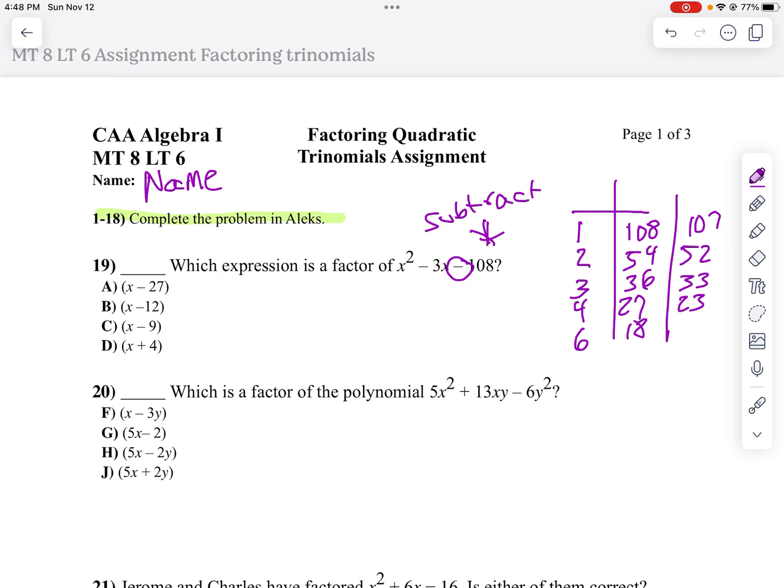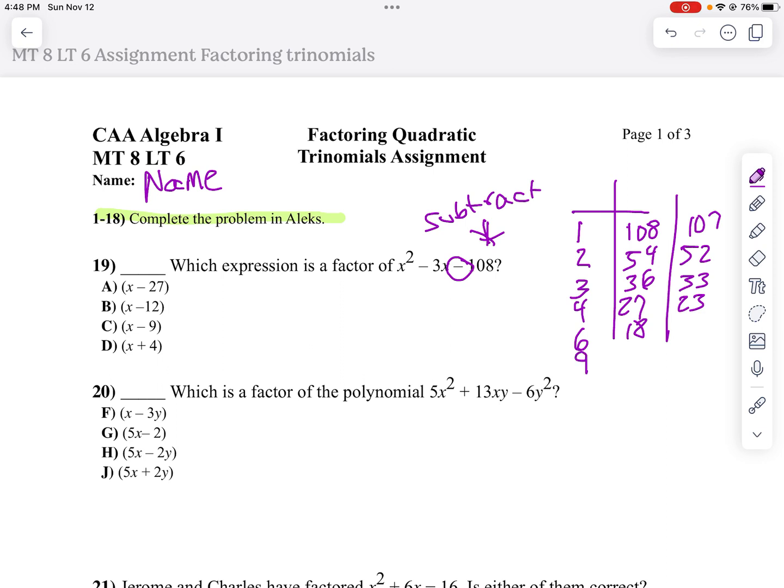108 divided by 7. And that doesn't go in there evenly, does it? Okay, 8 does not go into 108 because if I divide it by 2 again, I'd get a decimal. How about 9?